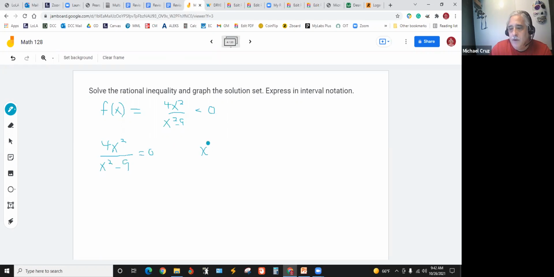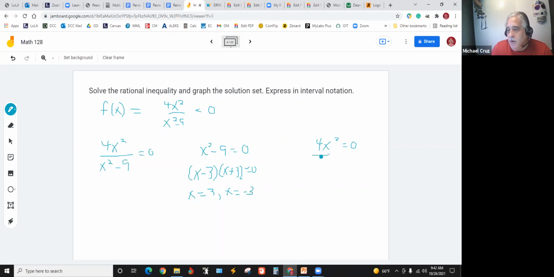So first, this one's going to be x minus 3, x plus 3 is equal to 0, which means x is equal to 3 and x is equal to negative 3.